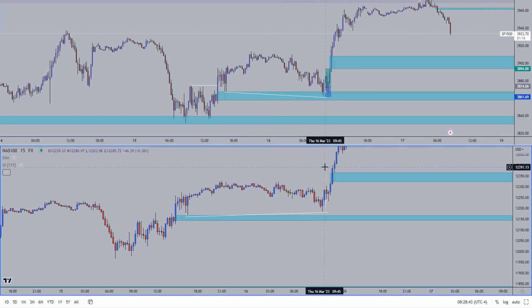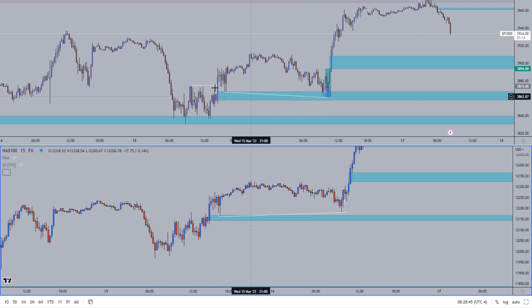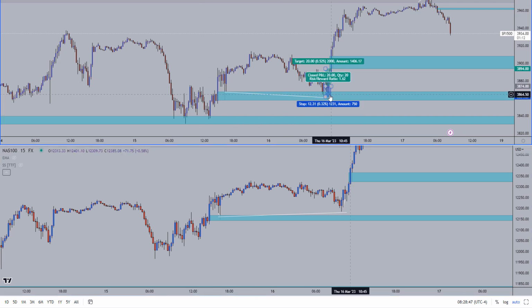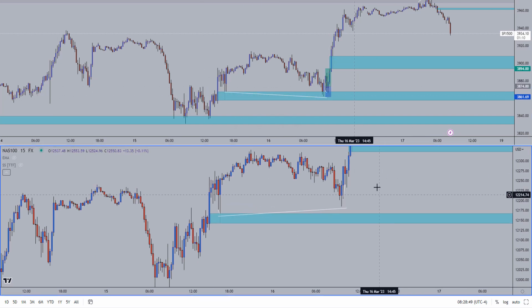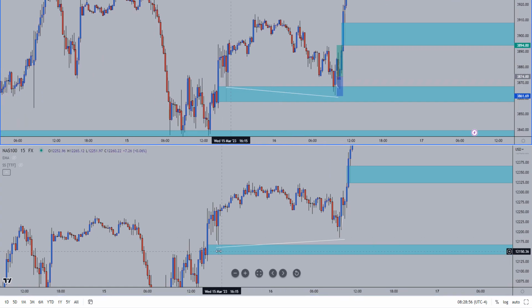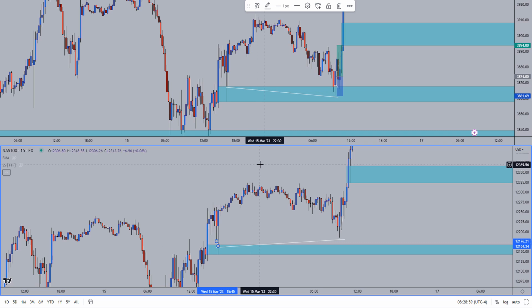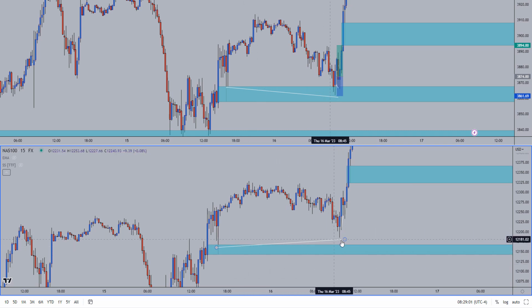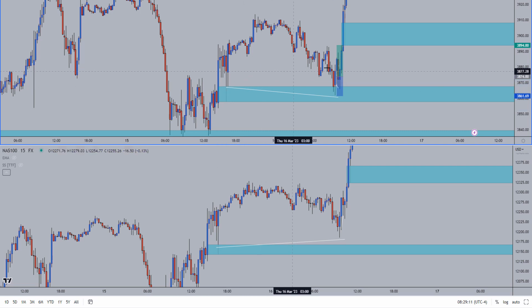Now, when price was making it back into this area, what do we see once again? Pay very close attention. We see, as I showed you beforehand, that here on Nasdaq we are making a higher low, but on S&P 500 we are making a lower low. And we tap into a very important point of interest.